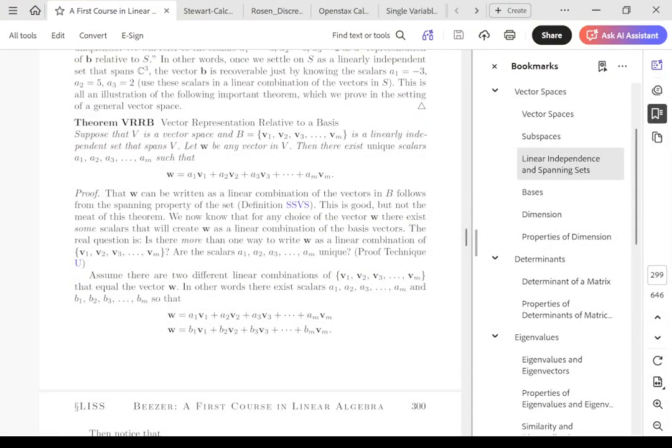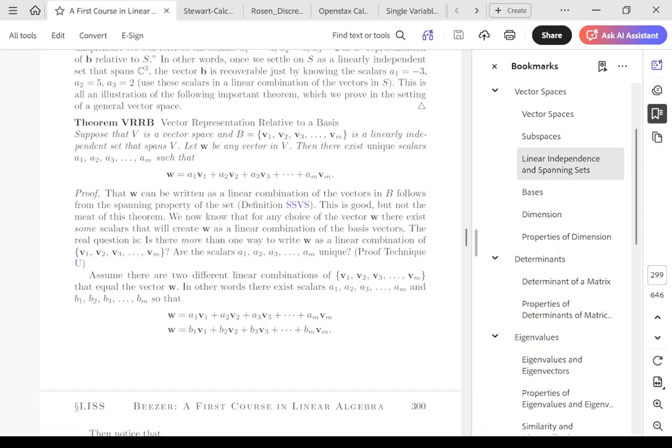All right, so I'm taking a look here at theorem VRRB, vector representation relative to a basis. It says suppose that V is a vector space and B is equal to {v1 through vm}. This is a linearly independent set that spans V, so it's a spanning set and linearly independent.